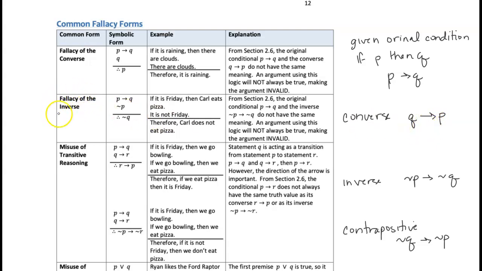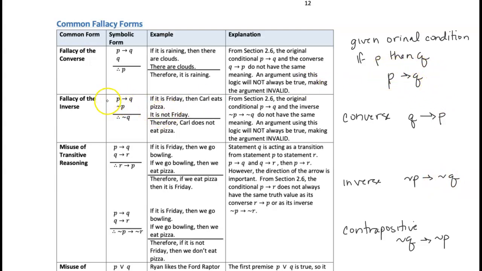It's very similar reasoning for the fallacy of the inverse. Given an original conditional of if P then Q, the inverse, negation P implies negation Q, does not always have the same truth value as the original conditional.